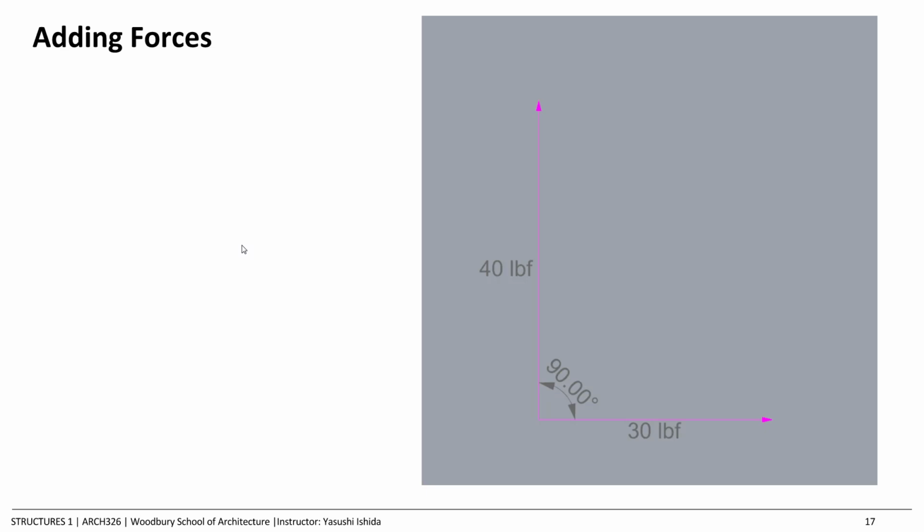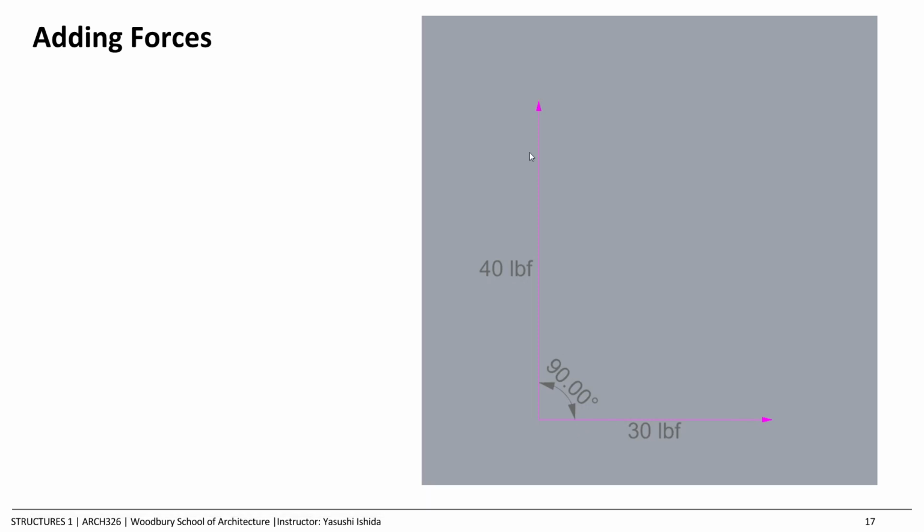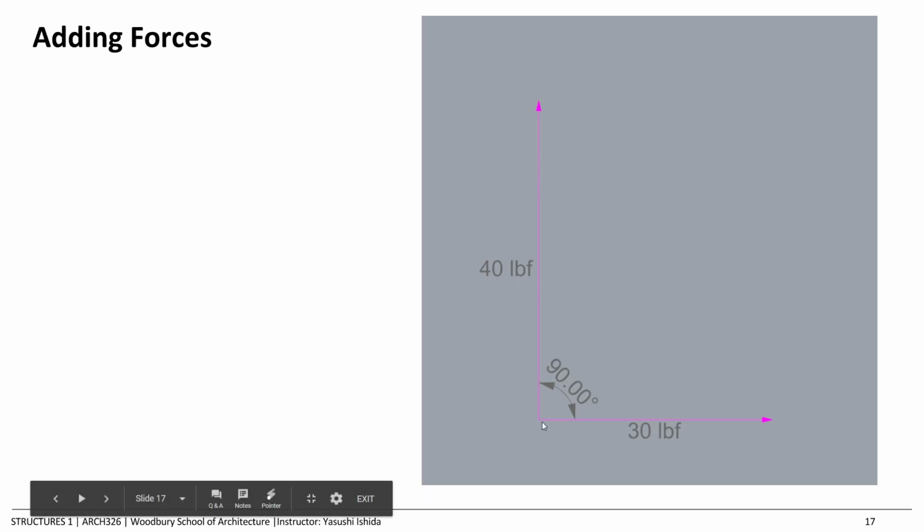If you were to add, in this case, a 30-pound force and a 40-pound force perpendicular to each other, the first thing that's super important is, when you draw this, and we're going to be drawing this kind of stuff in Rhino, it's absolutely important that whatever scale you draw at, the length of this 30-pound force arrow is 3/4 of that 40-pound force.